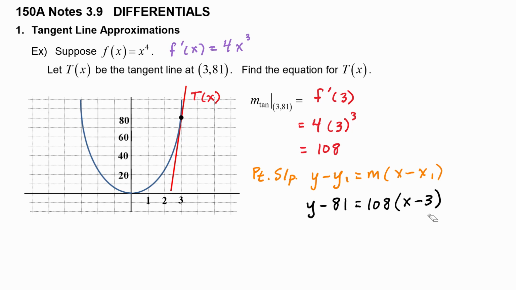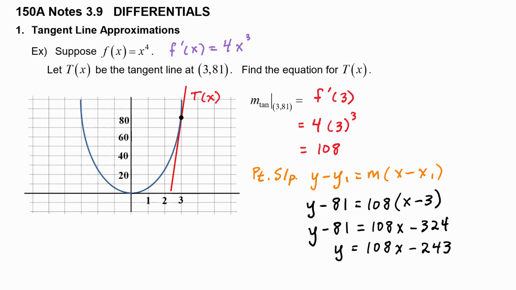If we distribute, we then have y minus 81 is equal to 108x minus 324. And if we add 81 to both sides, we have y is equal to 108x minus 243.